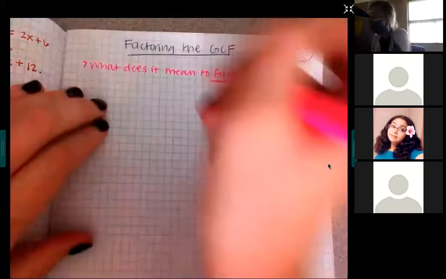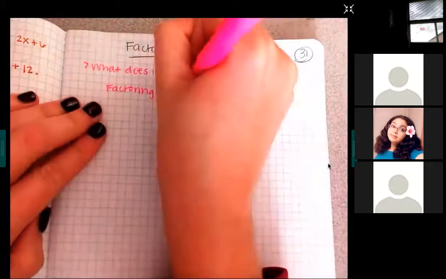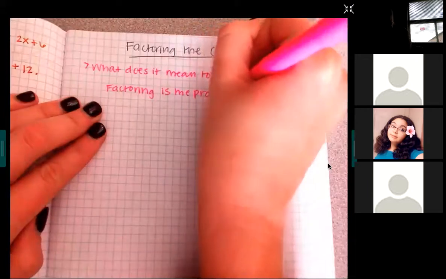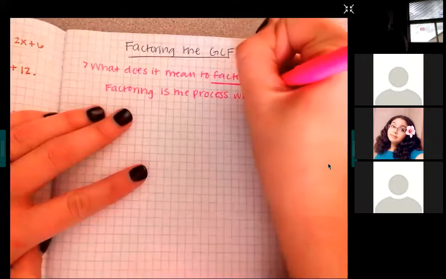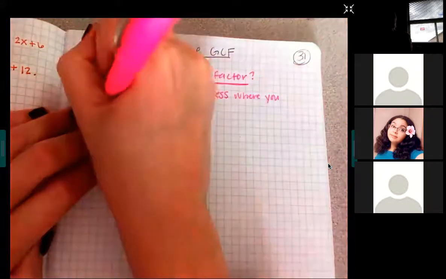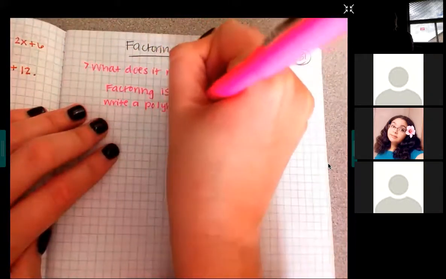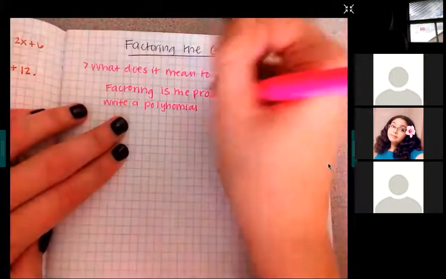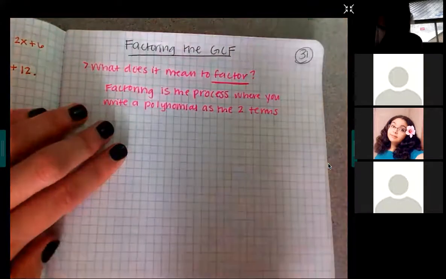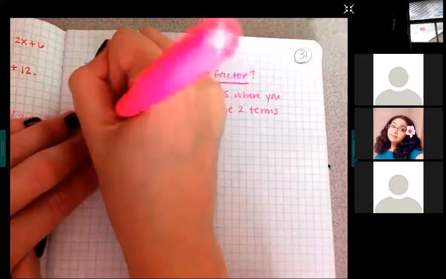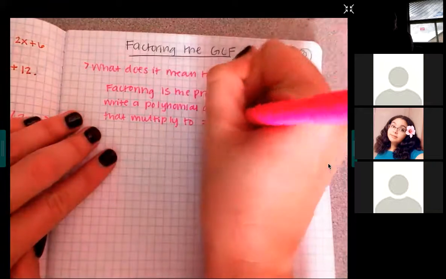All right. So let's write this down. Factoring is the process, because we're going to be doing factoring for a whole week and a half. Factoring is the process where you write a polynomial as the two terms that multiply to equal it.